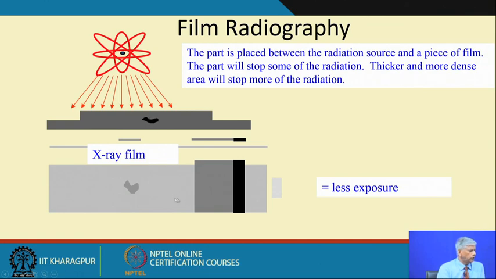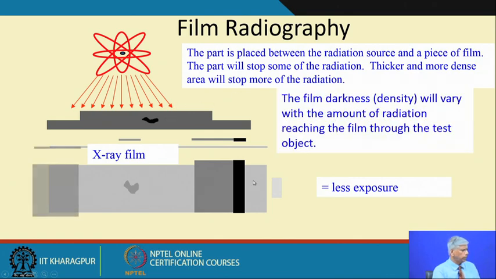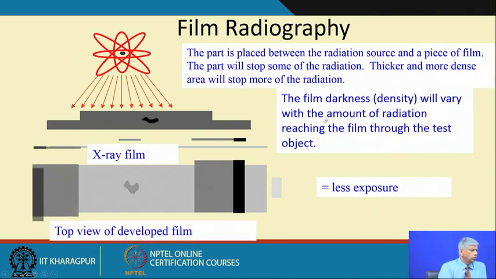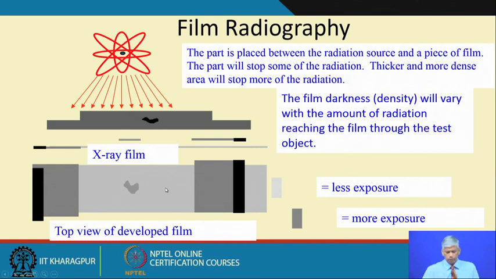So, less exposure and a thicker and more dense part will stop more of the radiation. So, it will just be the reverse. Okay. So, the film darkness will vary with the amount of radiation reaching the film through the test objects. So, more exposure and less exposure, top view of the developed film.